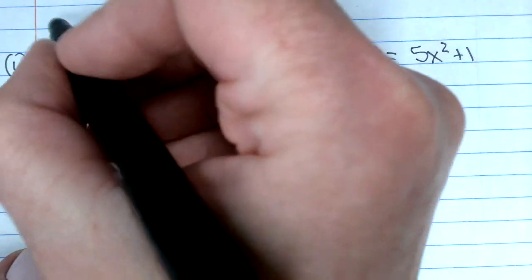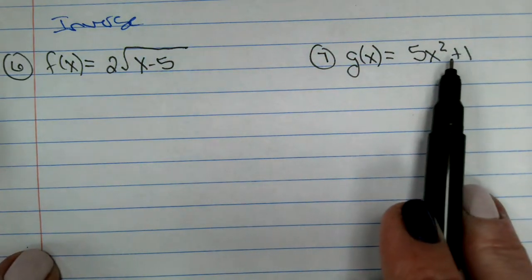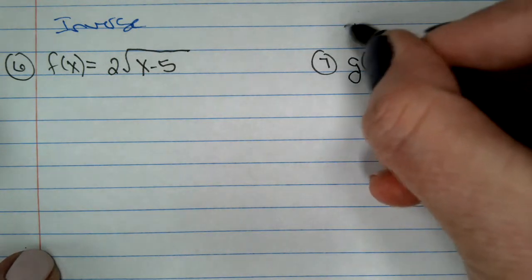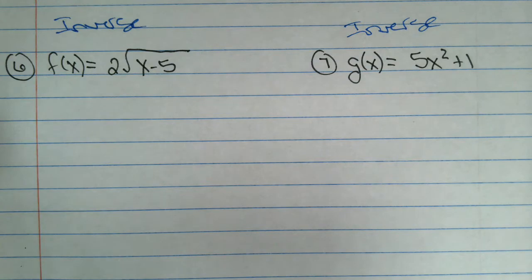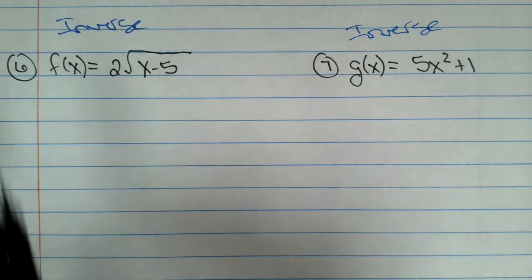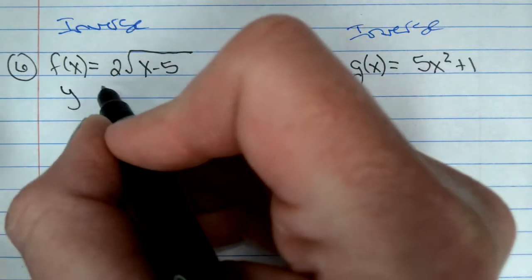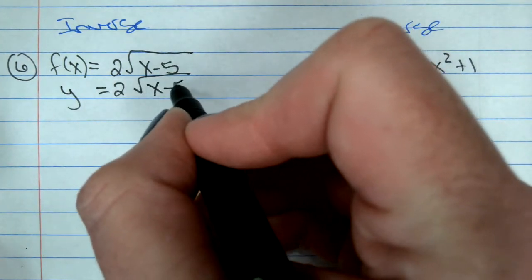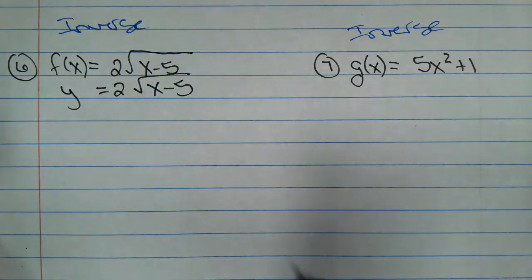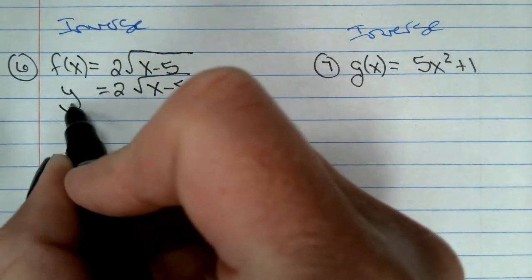And then we have to find the inverse of something with a radical and find the inverse of something with an exponent. So if it starts off in function notation, first thing that you want to do is get rid of that and change it to a y. Next thing we're going to do is we're going to switch x and y.